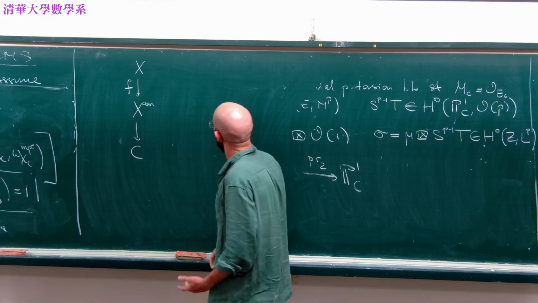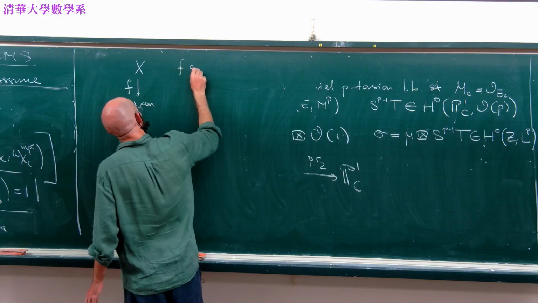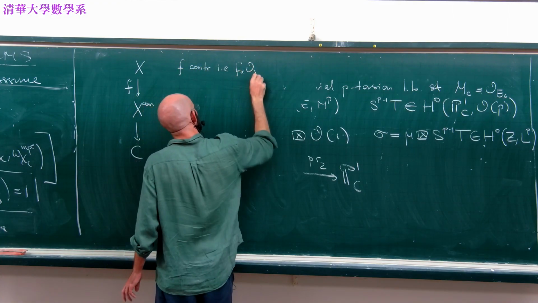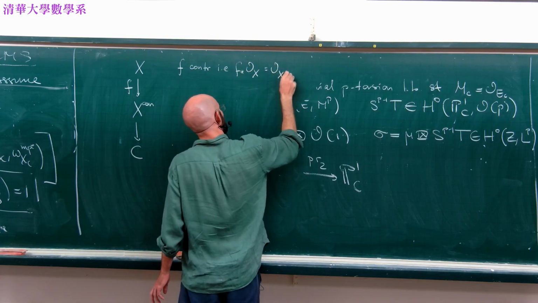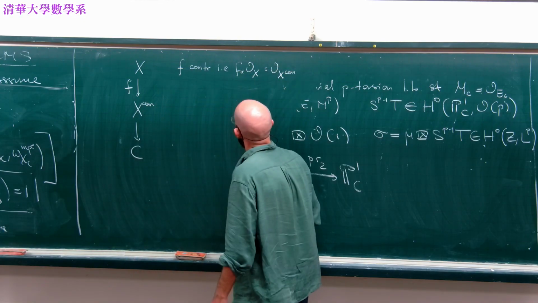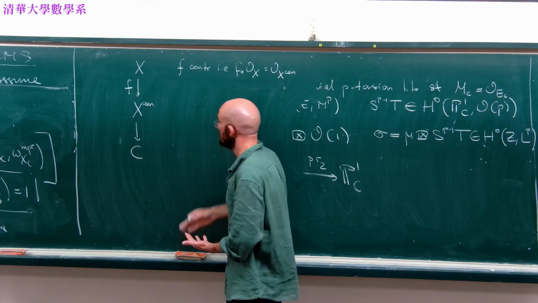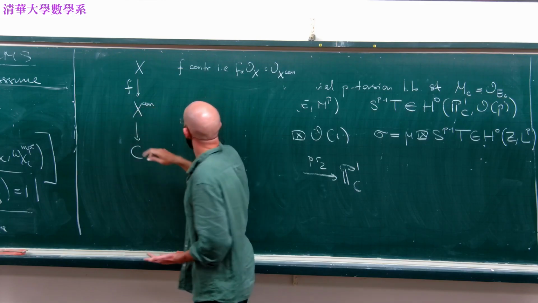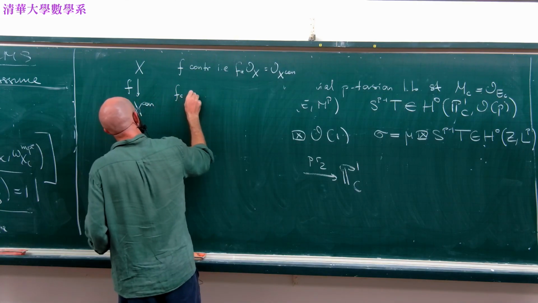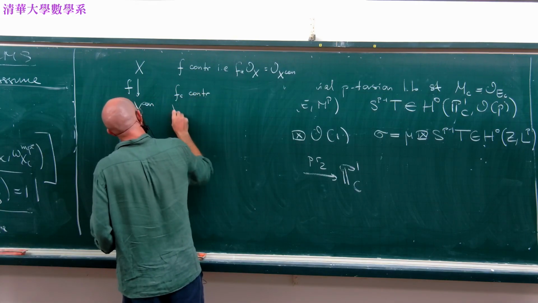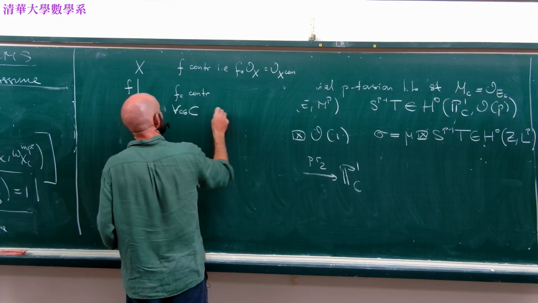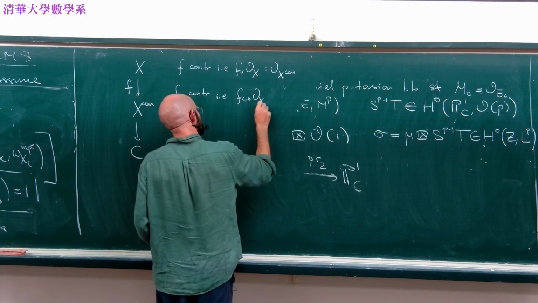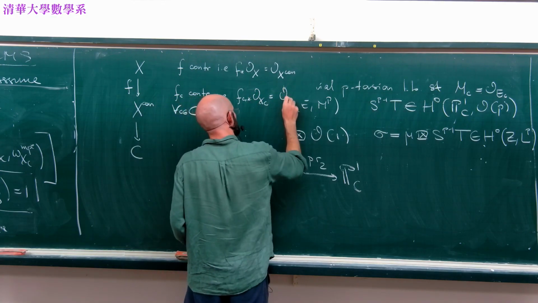And f is a contraction, i.e. the pushforward of O_X is equal to O_{X_can}. And in characteristic 0, what happens is that this thing remains true fiberwise. So f_c is a contraction for all c in C, i.e., again, f_c pushforward of O_{X_c} is equal to O_{X_c can}.